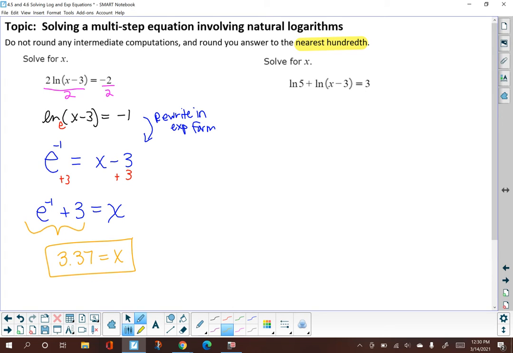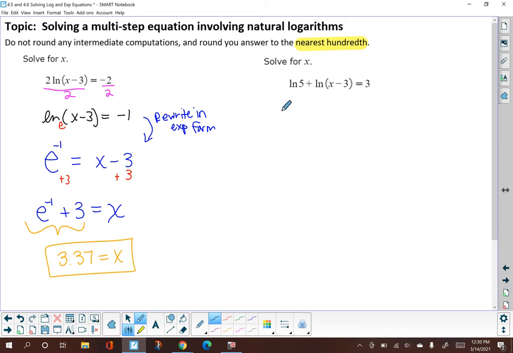Okay, our second equation has two logs in it. We have the natural log of 5 and we have the natural log of x minus 3. Now, there are at least two ways we could do this, but I'm going to go ahead and start by using my product property of logs. If I have a log added to another log, then we can combine them by multiplying their arguments together.